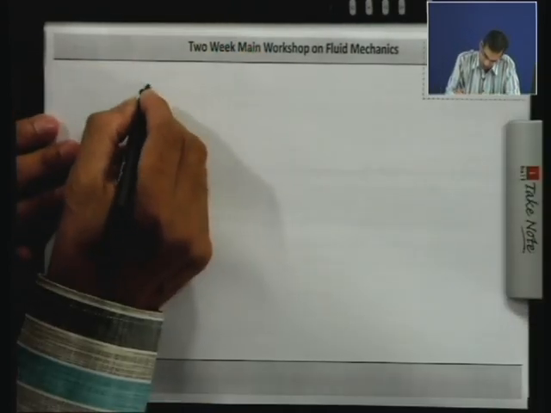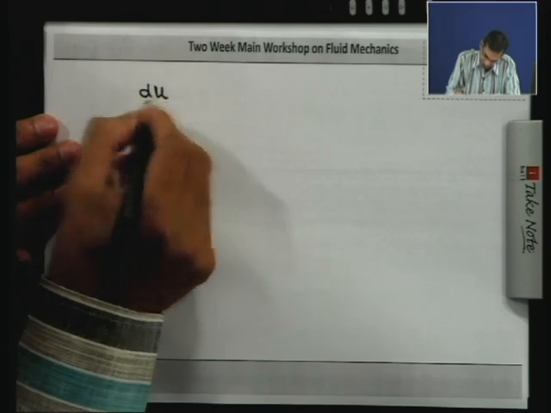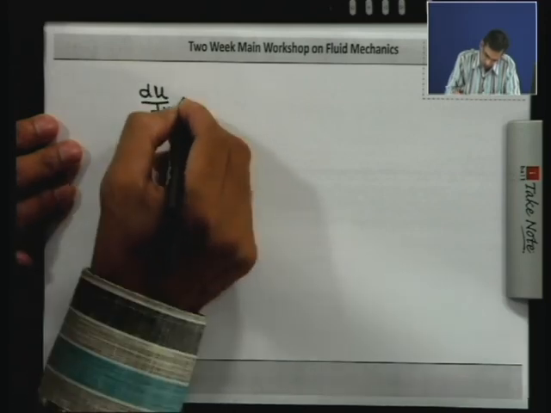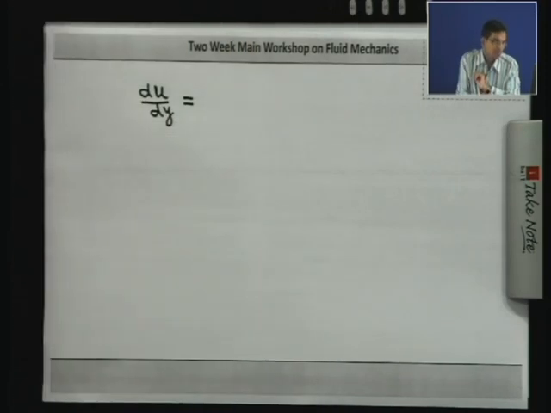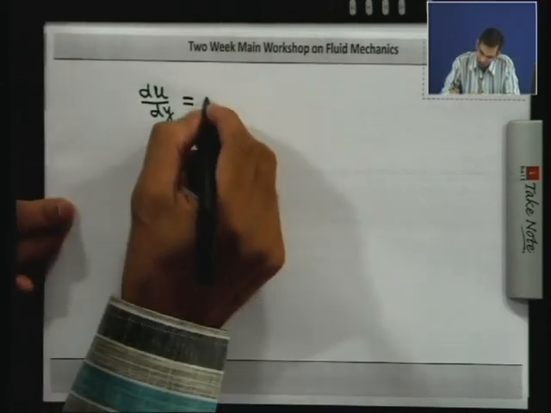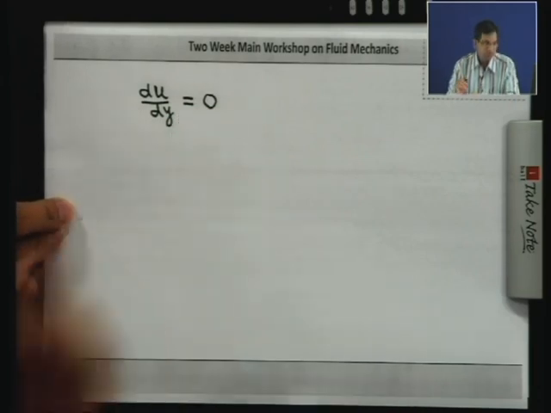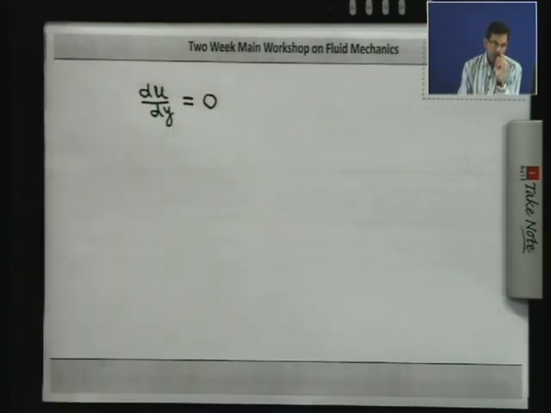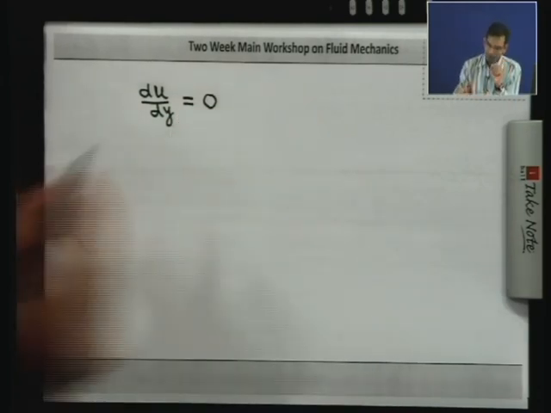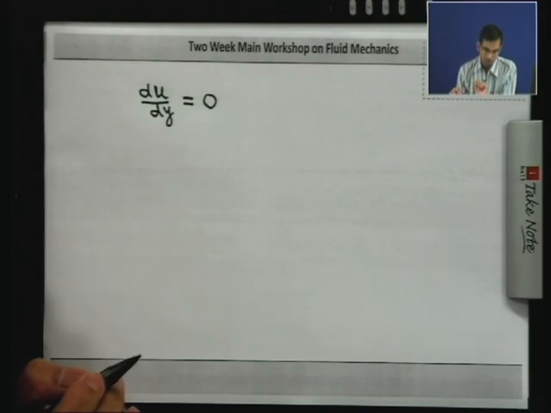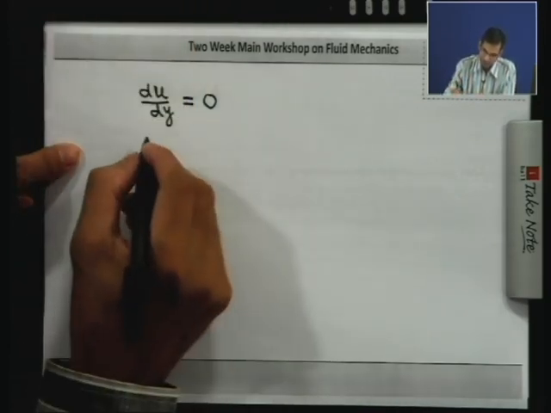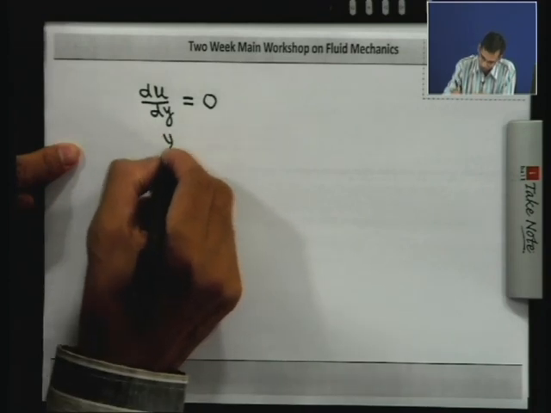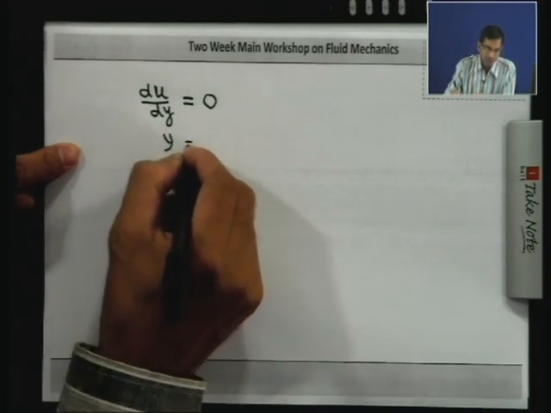That means, if you write in terms of the equation, del u/del y should be 0. The point where the velocity is either maximum or minimum, del u/del y will be 0. So, now if we differentiate this, we will get a value of y for which the velocity is either maximum or minimum.